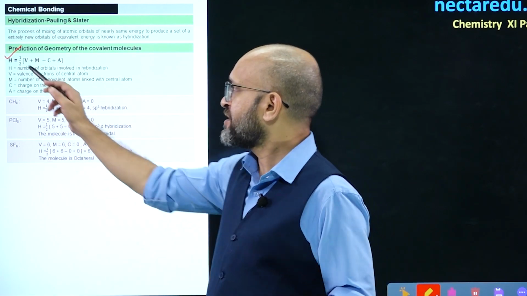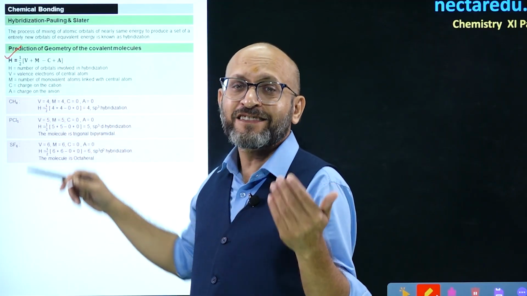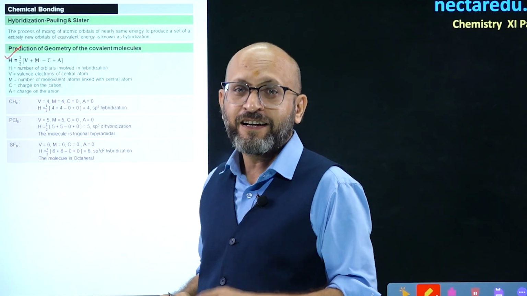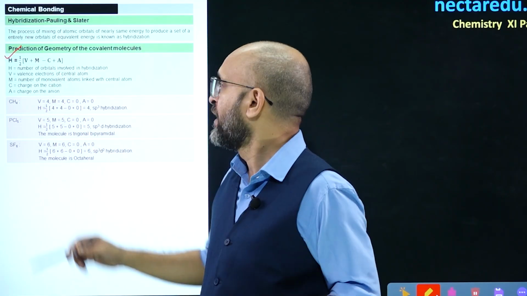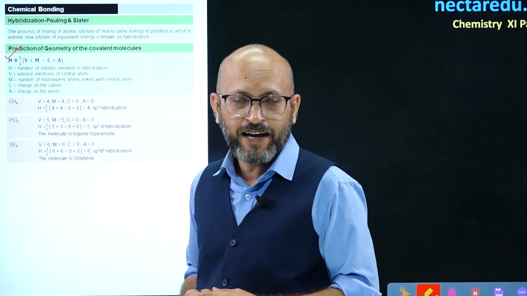H is the number of hybridized orbitals formed after mixing. V is the number of valence electrons in the atom. M is the number of monovalent atoms in the molecule. C is the charge on the cation. A is the charge on the anion.